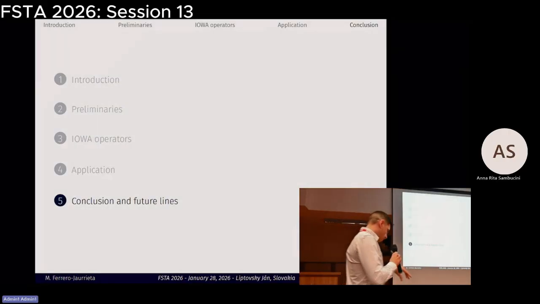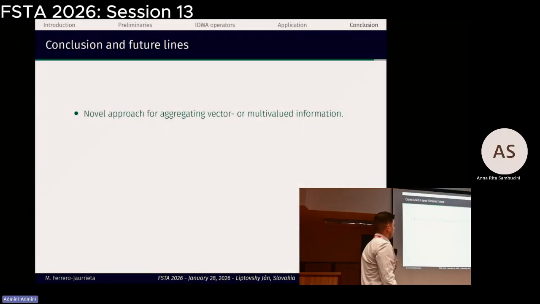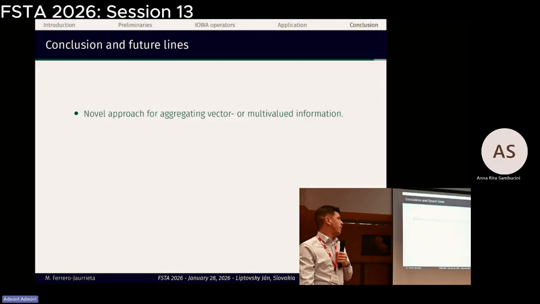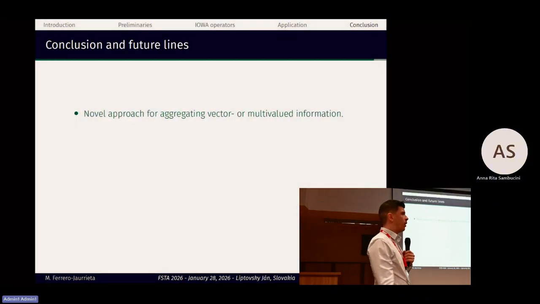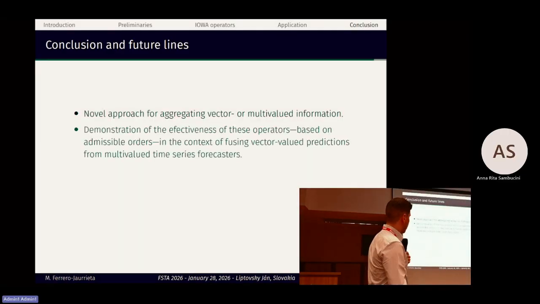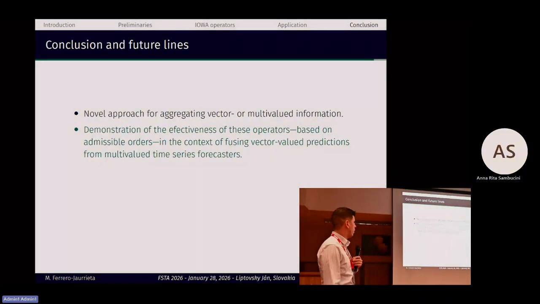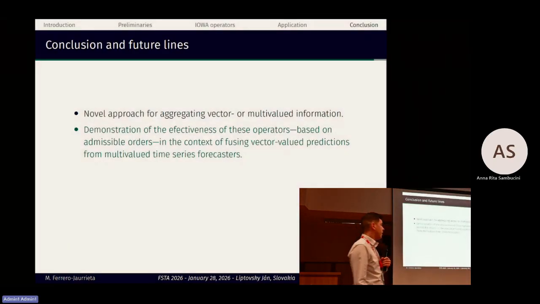Okay, so finally, as you have seen, we have presented a novel approach to vector aggregation. We have also presented at least a small demonstration of the effectiveness of these operators in the context of vector-valued predictions.